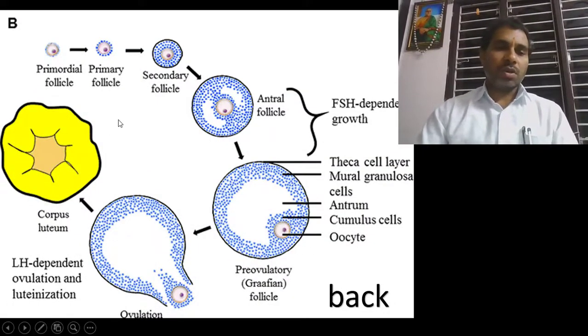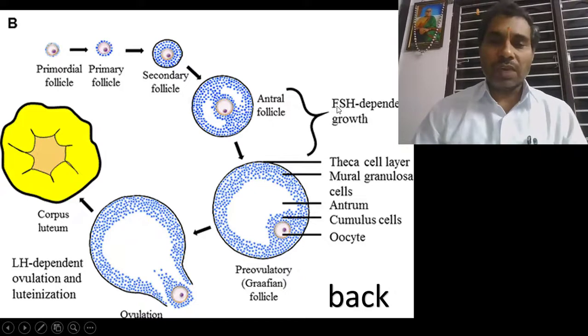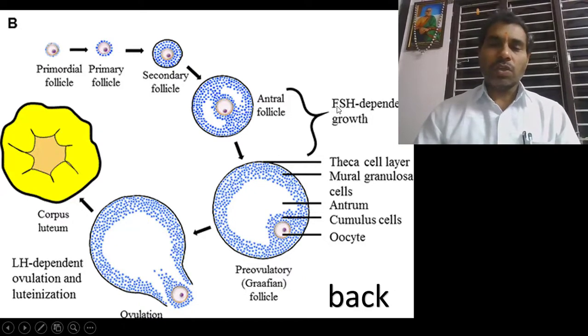Then coming to the female, how do the LH and FSH hormones work? If you take FSH, follicle stimulating hormone, it is for the maturation of the Graafian follicle. Different follicles are present in the ovary, and the final one is called the Graafian follicle.